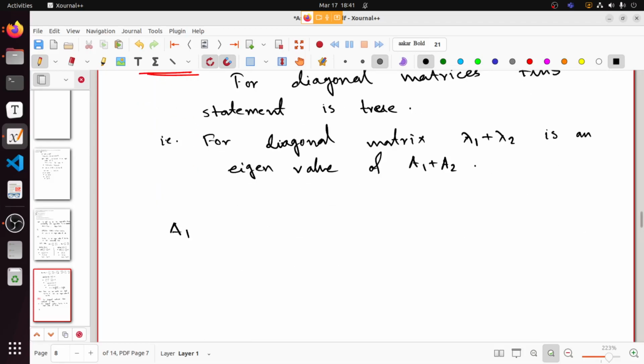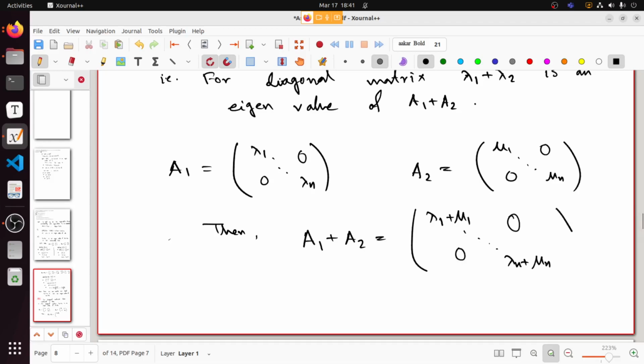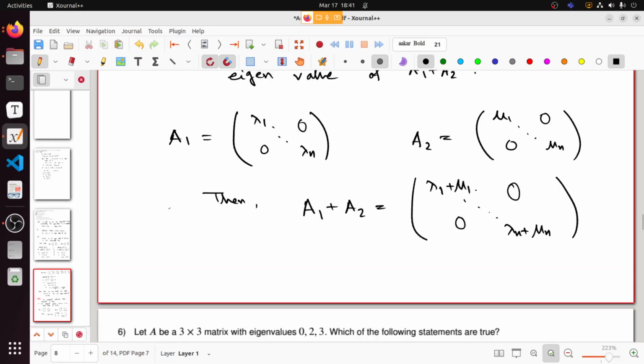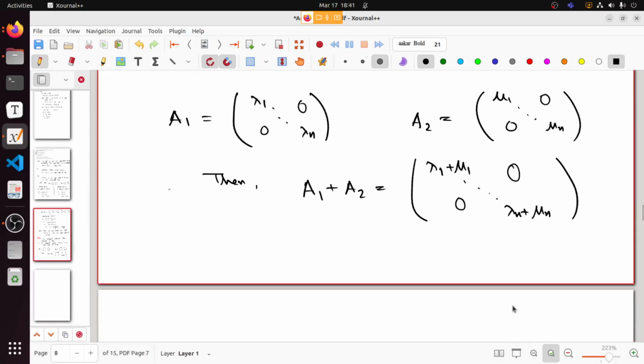Suppose A1 is a diagonal matrix with diagonal entries lambda 1 through lambda n, all others 0, and A2 has diagonal entries mu 1 through mu n, all others 0. Then A1 plus A2 will have diagonal entries lambda 1 plus mu 1 through lambda n plus mu n, all others 0.